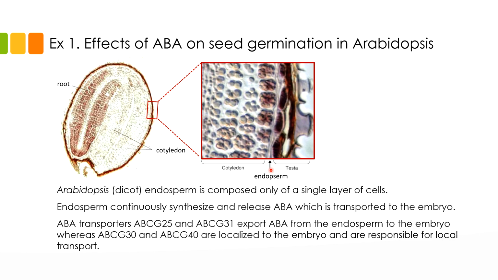Two ABA transporters that move ABA from the endosperm to the embryo are ABCG25 and ABCG31. Aside from the endosperm, the embryo itself produces ABA, and this ABA is locally transported within the embryo through the function of the embryo transporters ABCG30 and ABCG40.